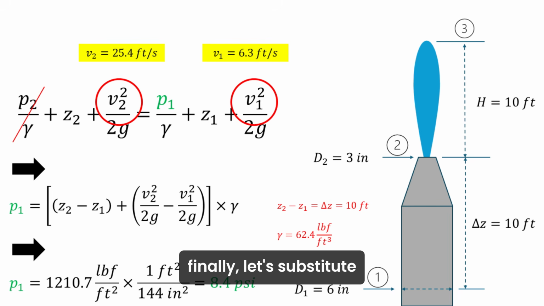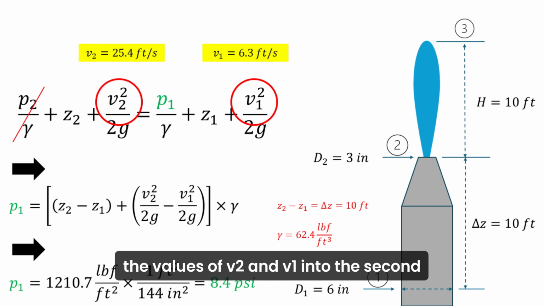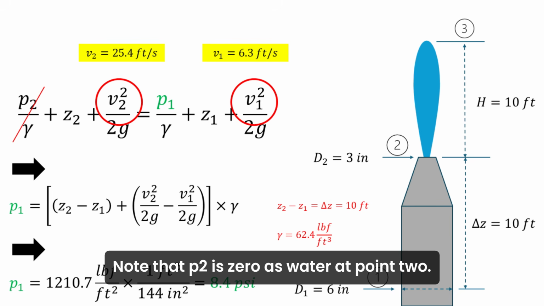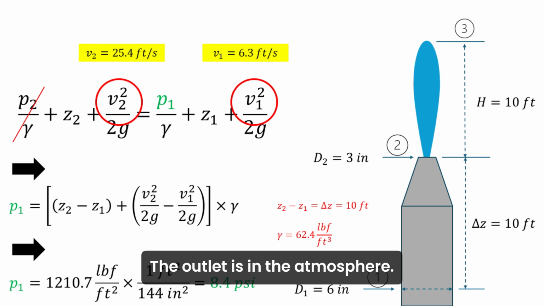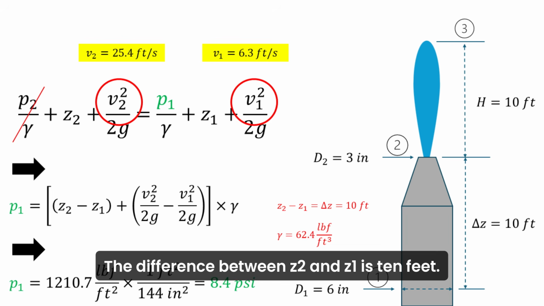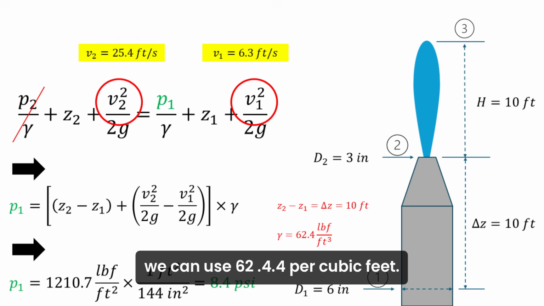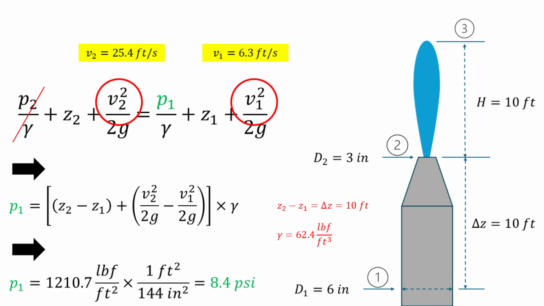And finally, let's substitute the values of V2 and V1 into the second Bernoulli's equation. Note that P2 is 0 as water at point 2, the outlet, is in the atmosphere. The difference between Z2 and Z1 is 10 feet. For the specific weight of water, we can use 62.4 pound-force per cubic foot.